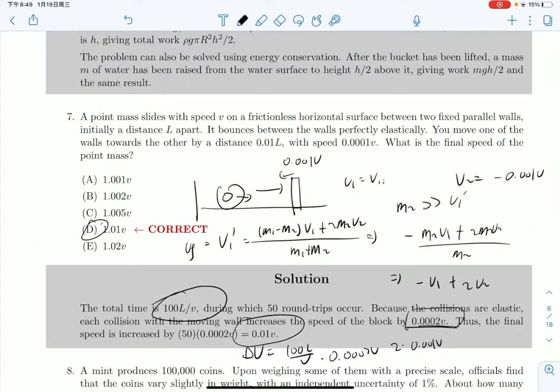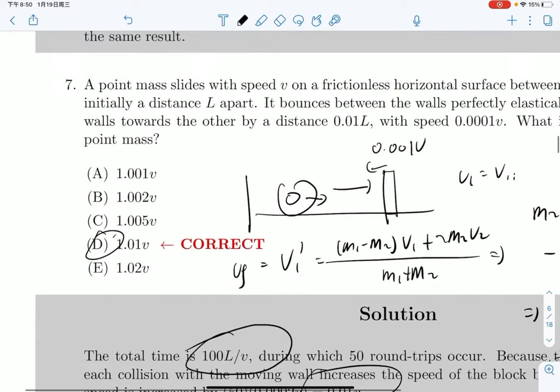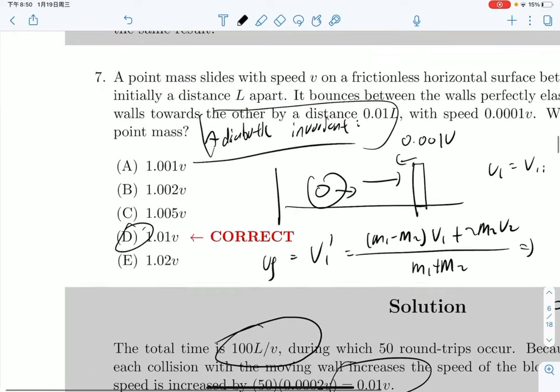The other way you can solve this is to use the adiabatic invariant. This one is not very hard, but not very easy to explain.